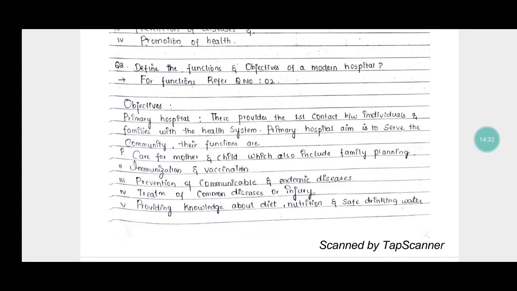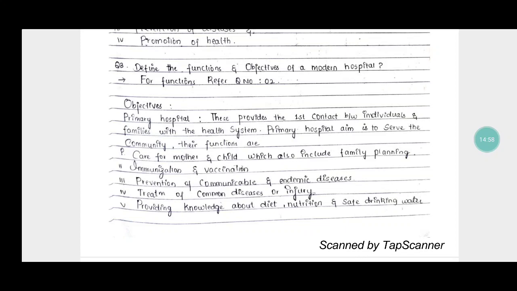So the next question, that is describe the functions and objectives of a modern hospital. For the functions of a modern hospital, you have to refer to question number 2, and I'll start from the objectives. In that, number 1, that is primary hospital, PHS, primary hospital services. They provide the first contact between the individual and families with the health system.